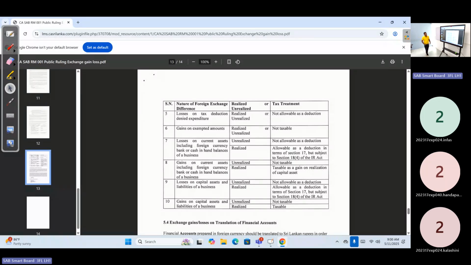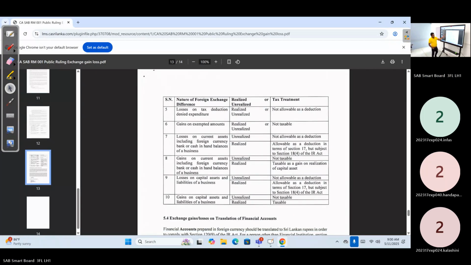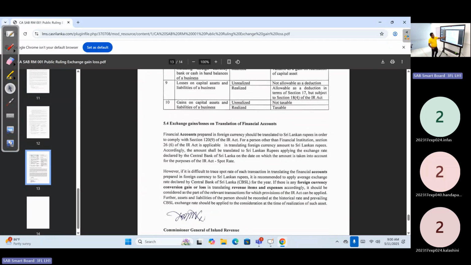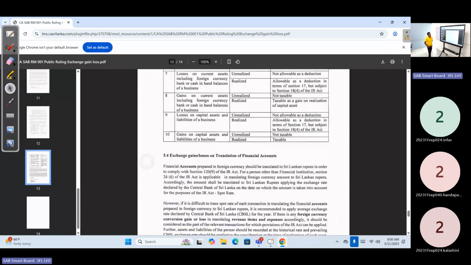Right? So that is, I'm going to say, we are preparing financial statements in Asia, but we have some sort of transaction which is happening in foreign currency. Right? So second part: translation of financial accounts. Financial accounts prepared in foreign currency should be translated to Sri Lanka rupees in order to comply with section 120, subsection 9 of the IRA.